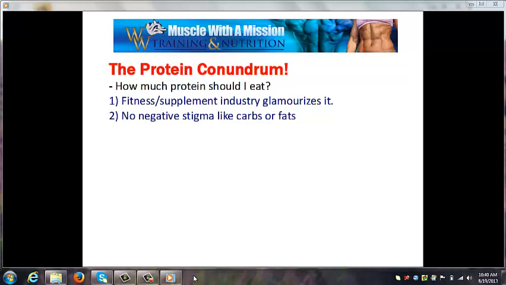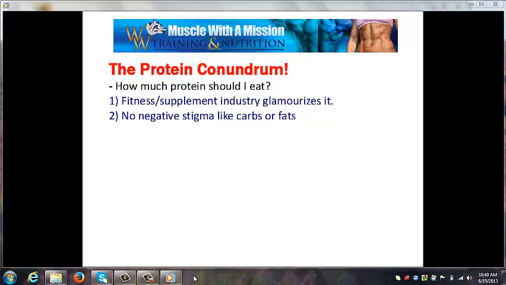Well, we all know healthy fats have a place in eating. We all know that, and you got to have carbs. But you know, there's the zero carb diet, the Atkins diet, the low carb diet, the South Beach, all these diets that got so popular in the years past because they had almost no carbs. It was like super low carb diets. Carbs are painted in an unflattering light, and fats are too.